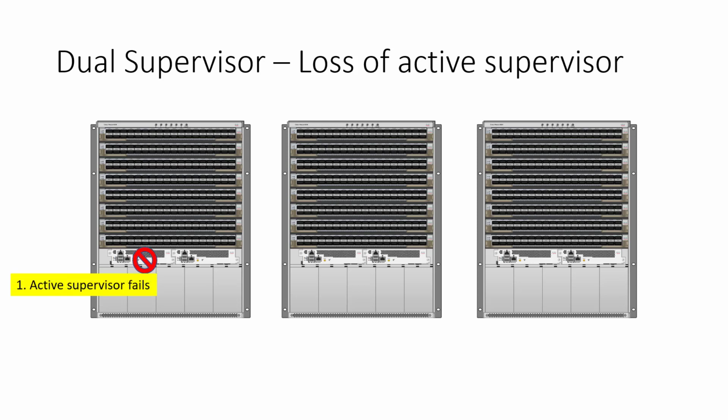First thing that happens is it fails, and there are watchdog timers in there, and it's instantaneous. When that fails, because in a dual supervisor setup in ACI for the spines the supervisors operate in warm standby mode, it requires a reboot. So it reloads the switch so it can bring itself up on that second supervisor.